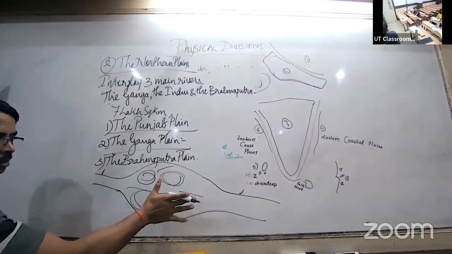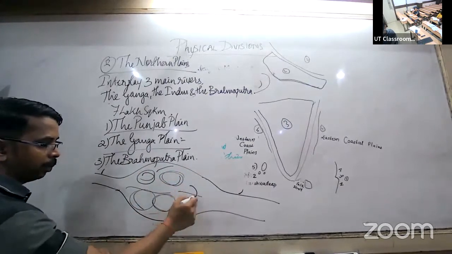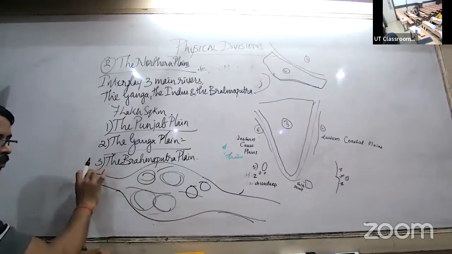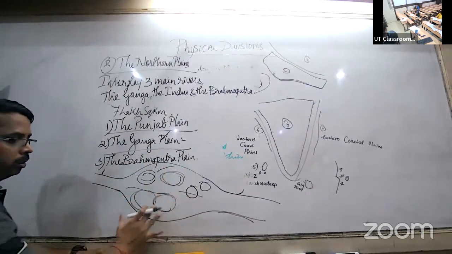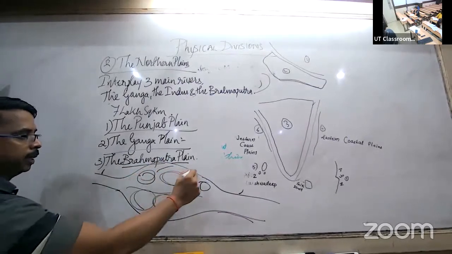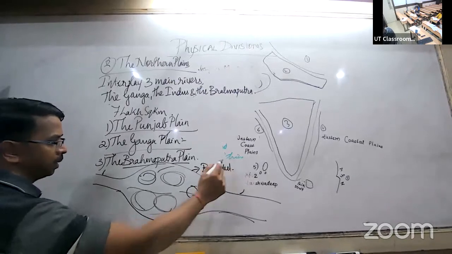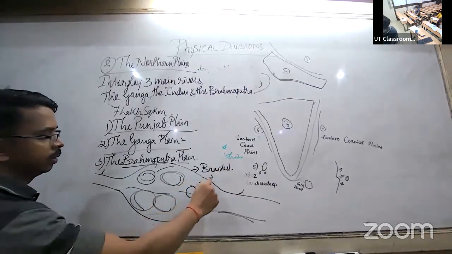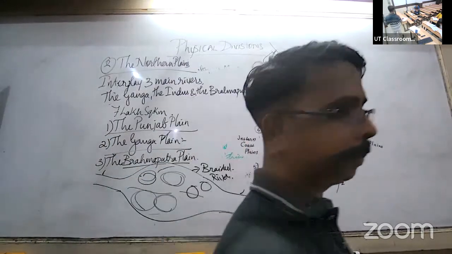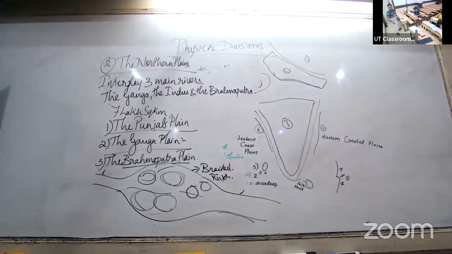This is called a spreader. When these deposits are not there, it follows a normal path. Brahmaputra is which river? Braided. Draw this picture in your notebook, please use a pencil only, and write braided.